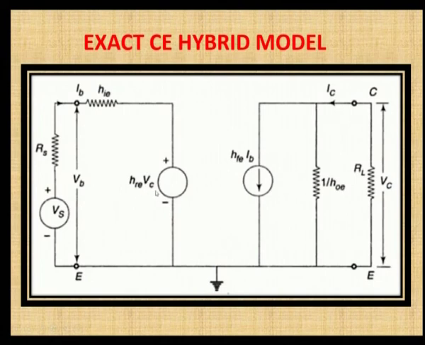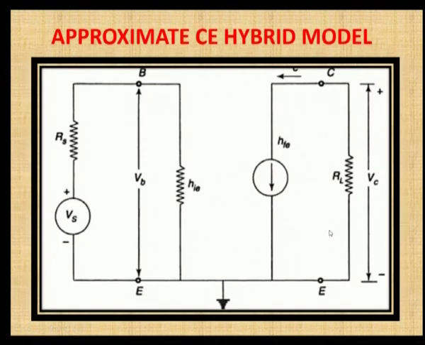The values of HRE as well as HOE are very negligible. So, you are considering only the input impedance and the forward current transfer ratio. These 2 parameters are neglected in the approximate model.